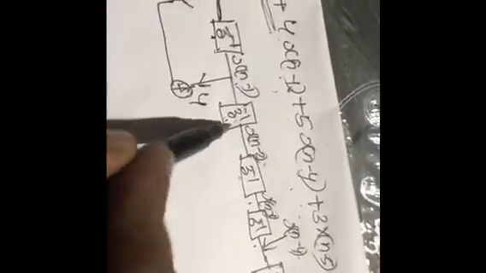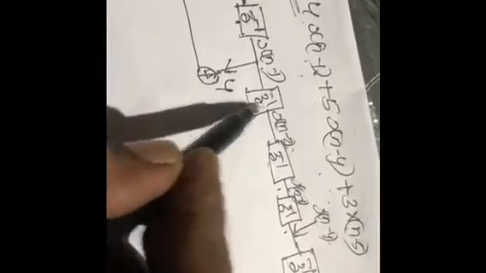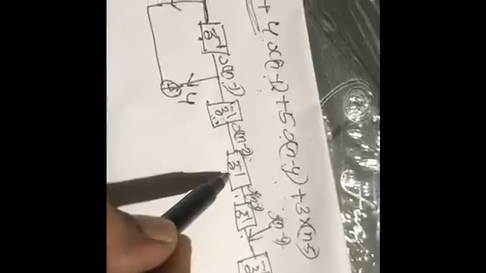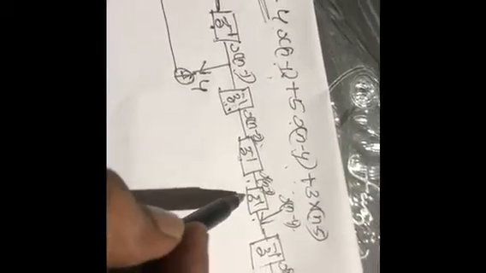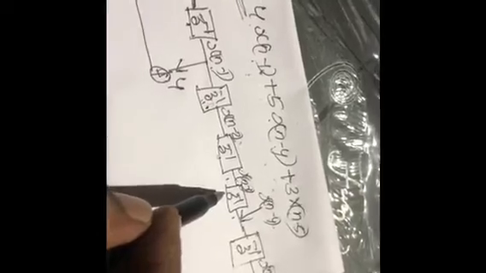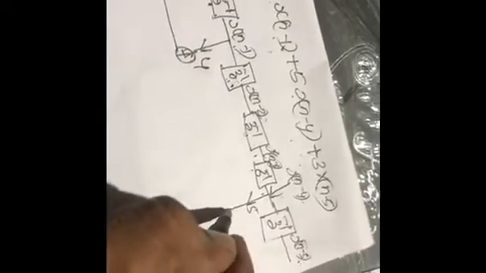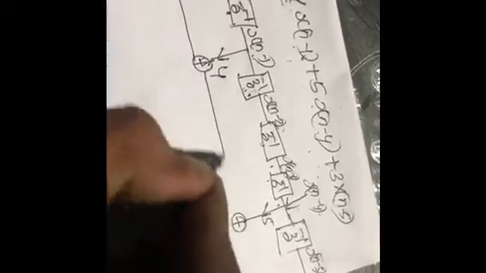After the second delay network, there is no sequence in our example. And after the third delay, there is no sequence in our example. After the fourth delay, we got x(n-4). There is a coefficient, that coefficient is 5, and this sequence is also added to the previous one.